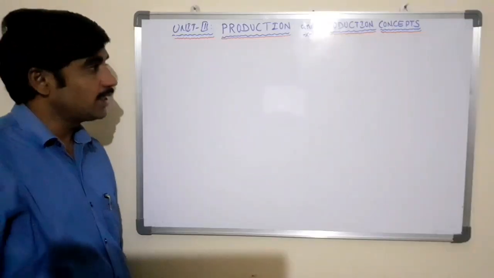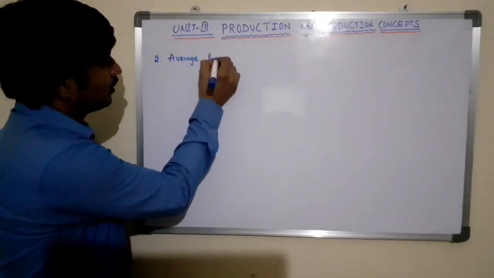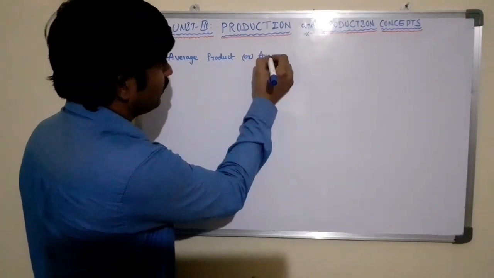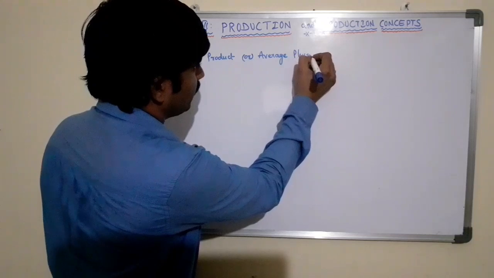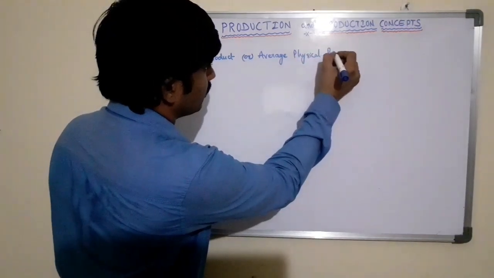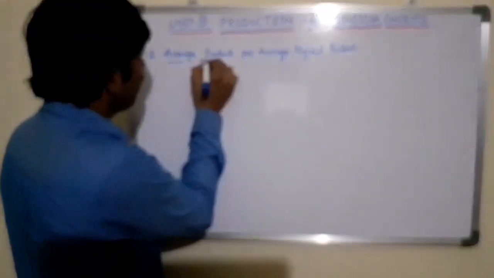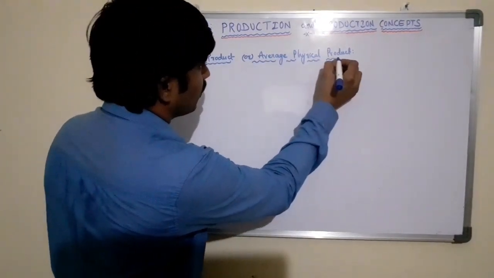Okay. The second one is average product, or average physical product. So average product means average of the total production.